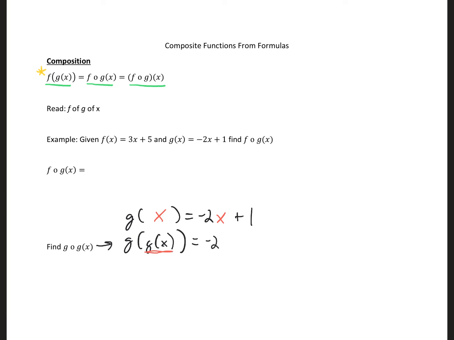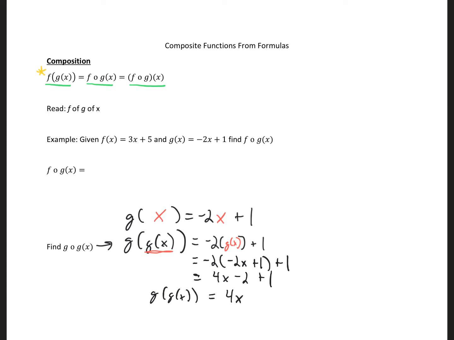This would equal negative 2 times, I'm replacing that x with g of x. So if we do that substitution, this is negative 2 times negative 2x plus 1. Simplifying that by distributing negative 2, we'd actually get positive 4x minus 2 plus 1. So g of g of x is 4x minus 1.